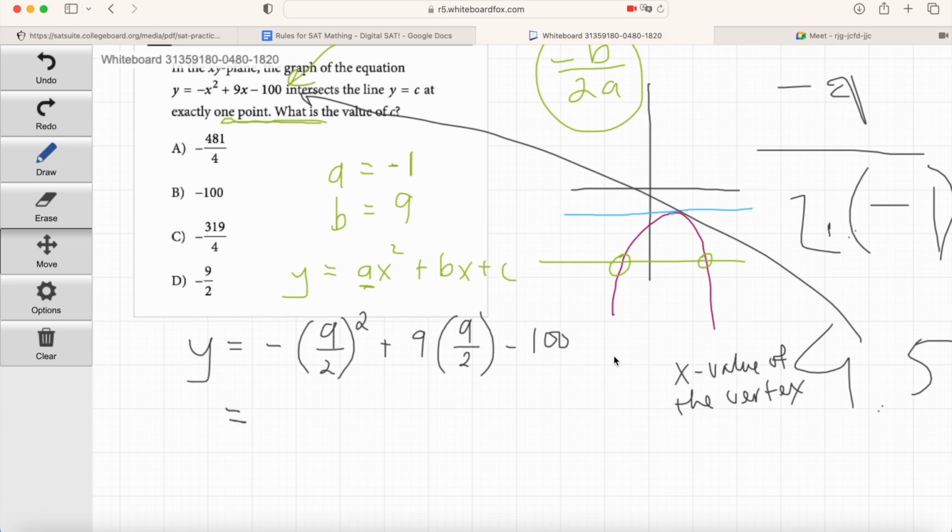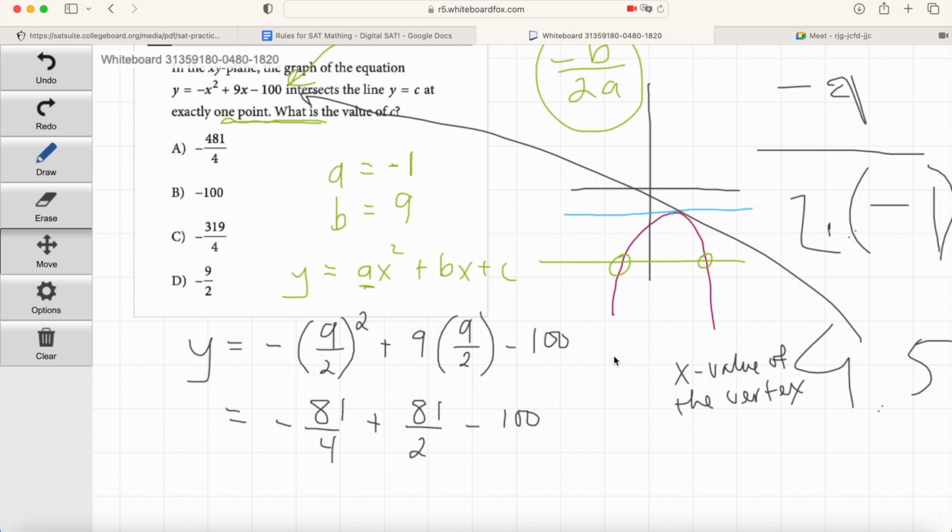So 9 over 2 squared just means 9 over 2 times 9 over 2. That gives us negative 81 over 4, plus 81 over 2, minus 100. Then I'm going to add these terms together, but I have to have a common denominator to do that.